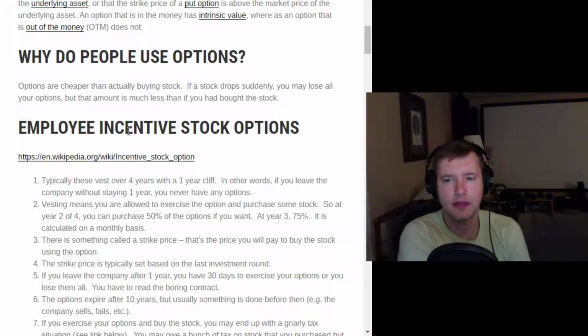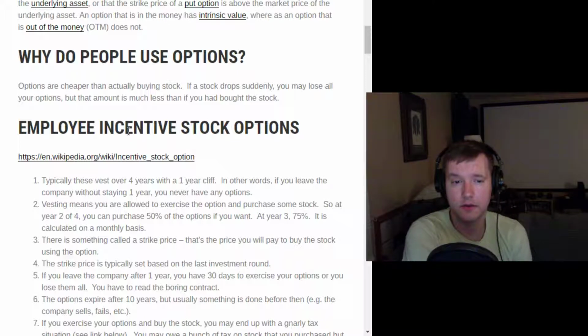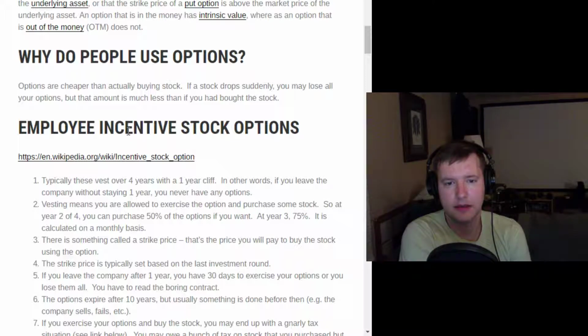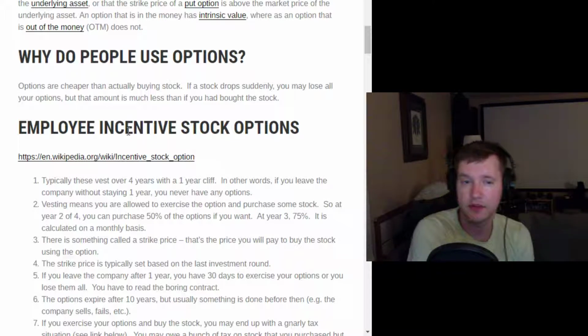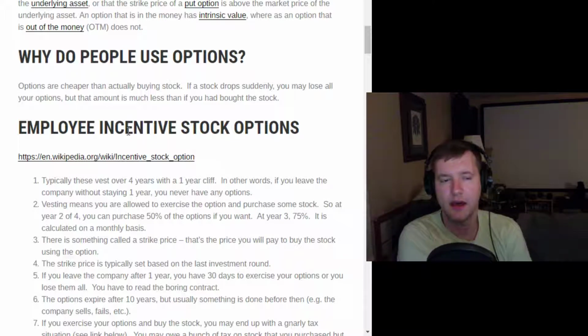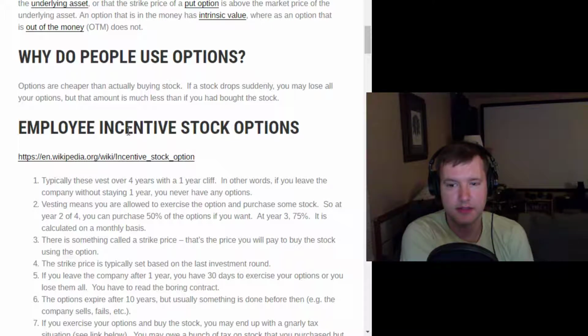If the fair market value goes down over time, your old strike price was higher than the new one, and you may have 11-cent options for a company that's only worth 10 cents. That's not valuable because you wouldn't want to pay 11 cents for something that's only worth 10 cents.